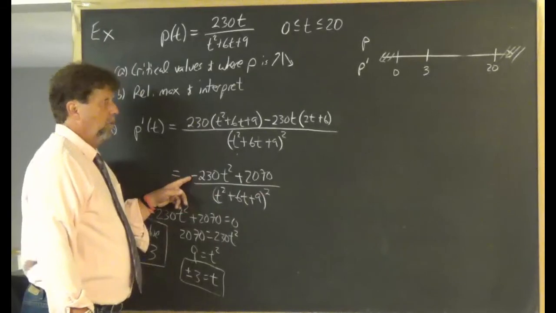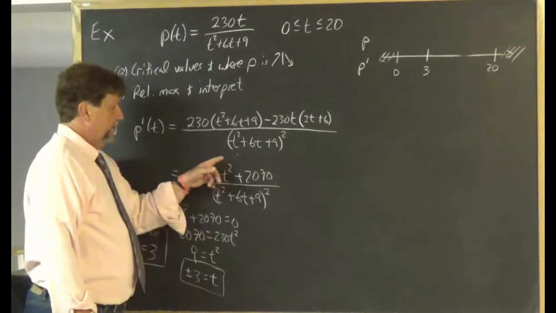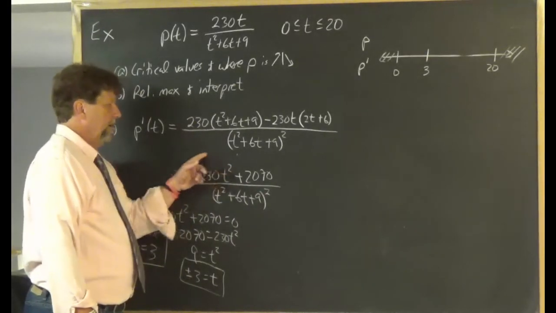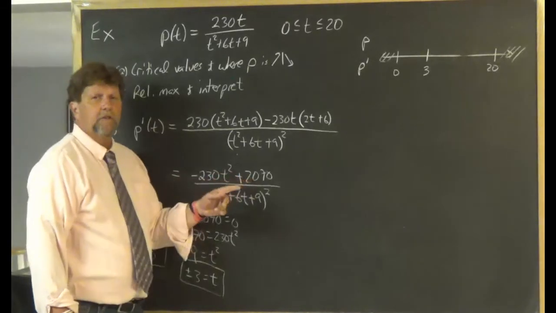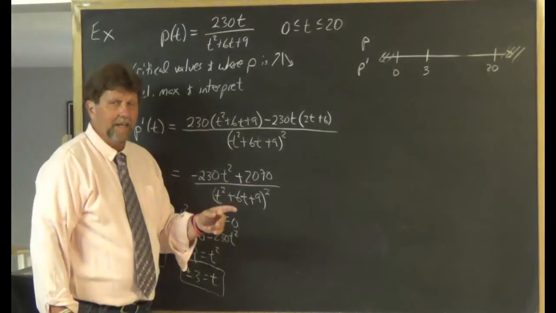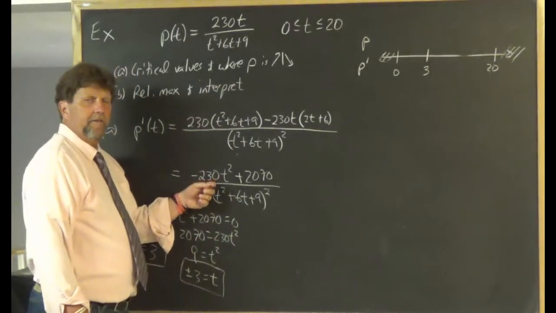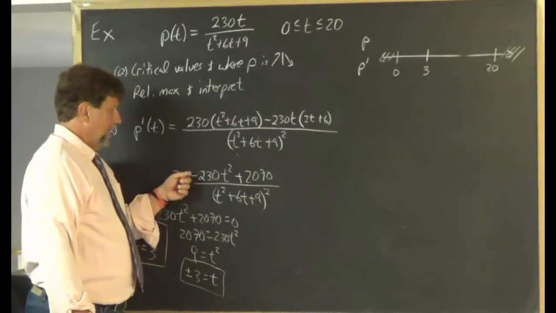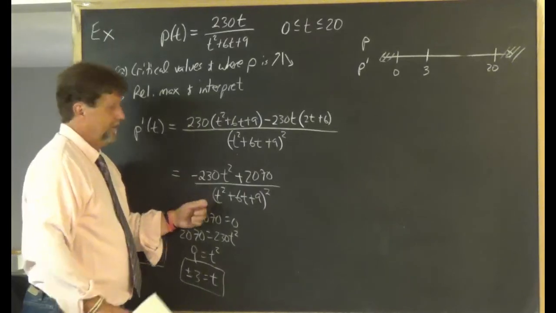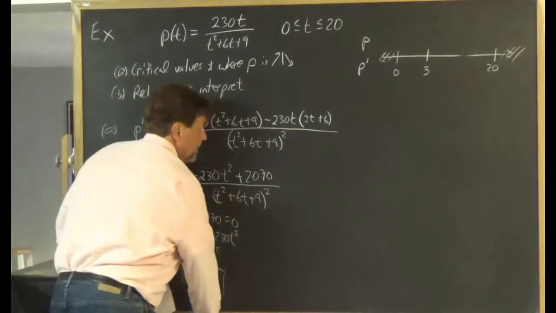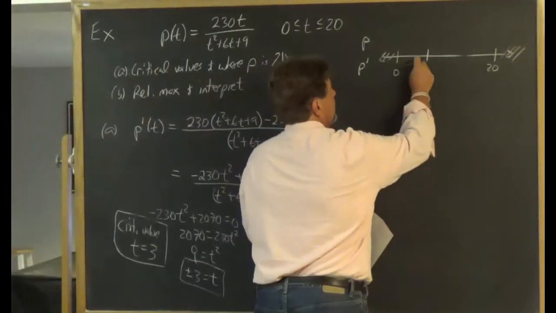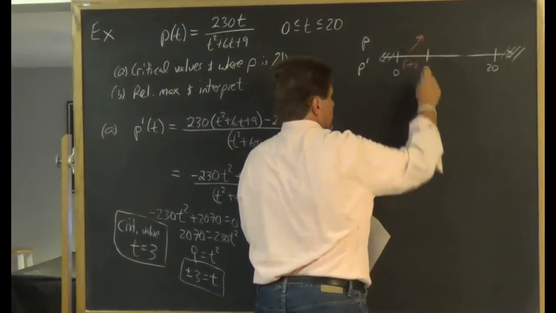The numerator, when 1 comes in for t, well, this would end up being negative 230 plus 2070, that's positive. So when 1 comes into the derivative for t, we'd have a positive divided by a positive, which is positive. The function is increasing.